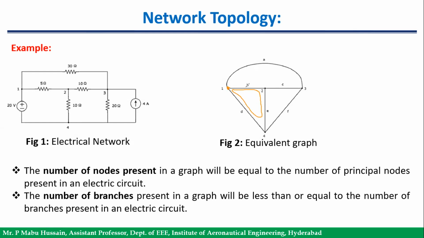While traversing from one node towards other nodes and coming back to the same node, it should not pass through any node 2 times. It has to pass only one time. Now if you start again, you can go through this element A, then F, then D. So this is also one loop or closed path.